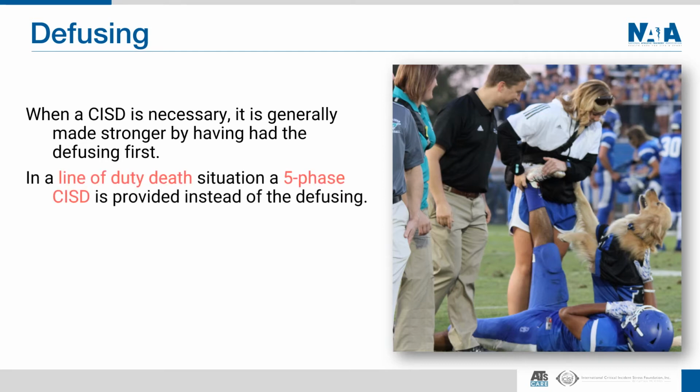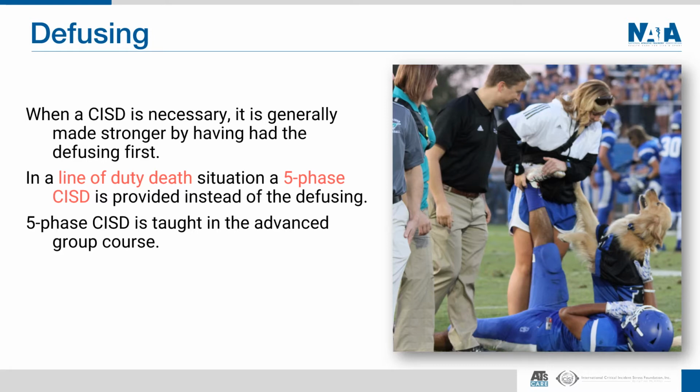In a line of duty death situation, we have a special 5-phase debriefing, and that is done instead of a defusing. That's a little more intense situation. It requires a little bit different way of running the intervention, and so a 5-phase debriefing is done when you have a line of duty death.